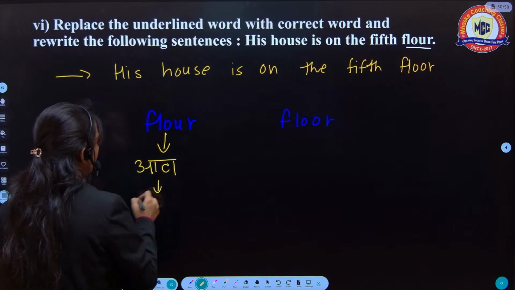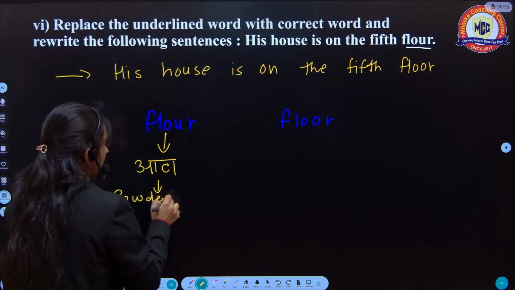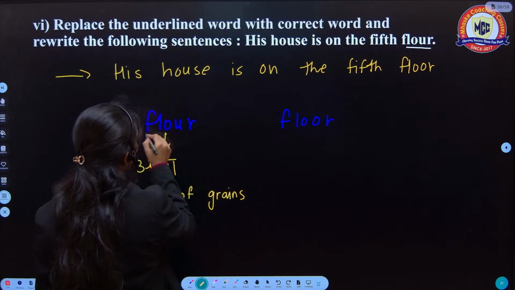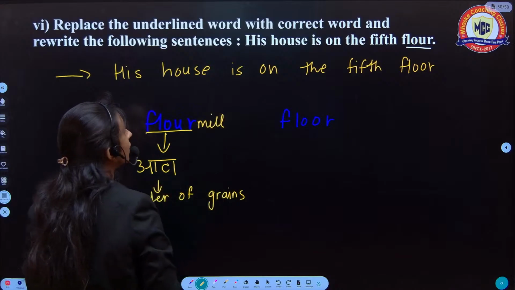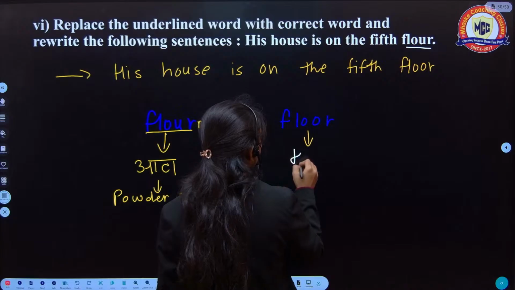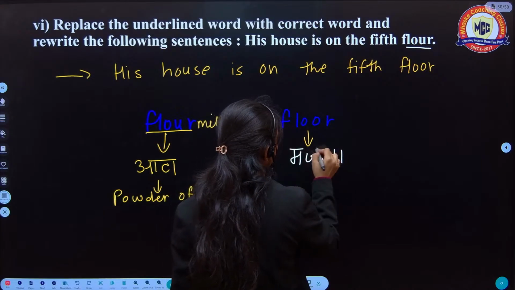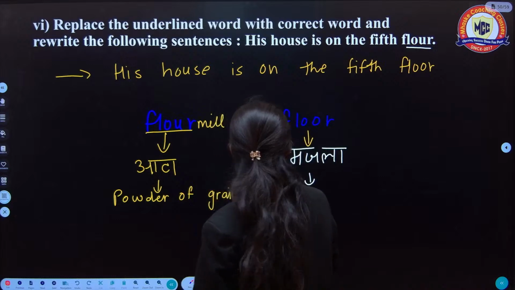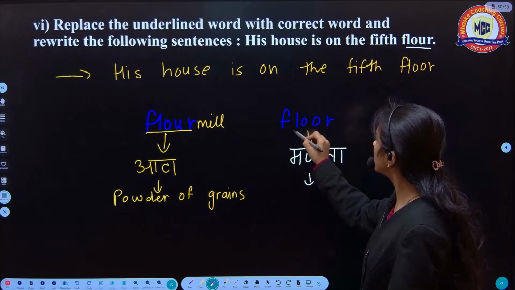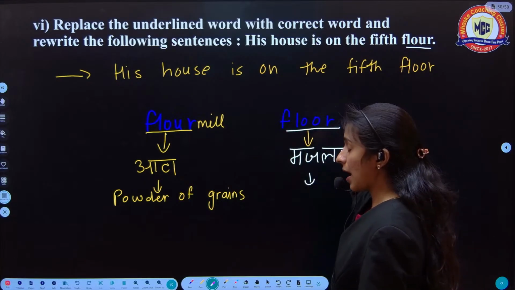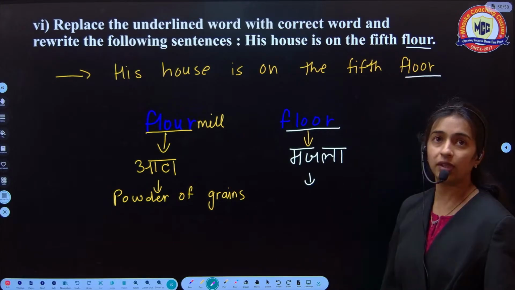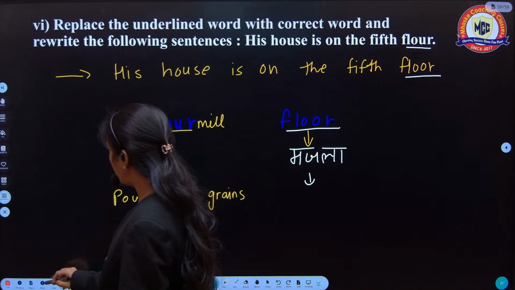You can simply say powder of grains. Flour mill hoti hai ideally. And this floor means, like, which floor, कुठल्या मजल्यावर तुम्ही राहता. This is this floor, and this flour means atta, the powder of grains. So we are supposed to use this floor. Okay, cool. Let's move ahead.